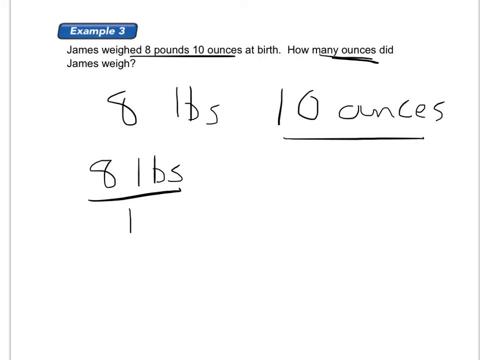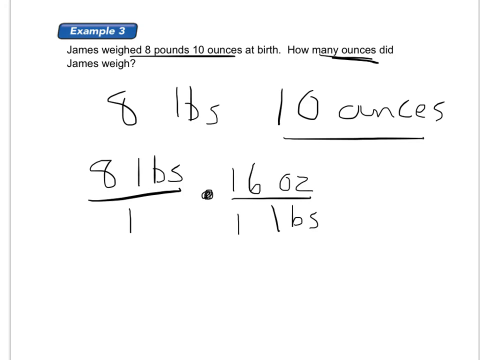And then again, when we convert, we need a unit multiplier. I need to convert from pounds to ounces. This is the abbreviation for ounces. So I need to know, how do pounds and ounces go together? Well, there are 16 ounces in 1 pound.